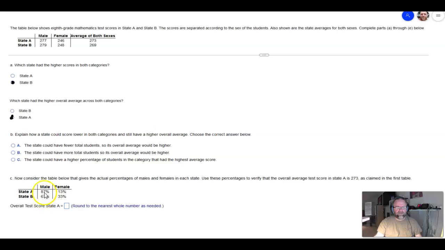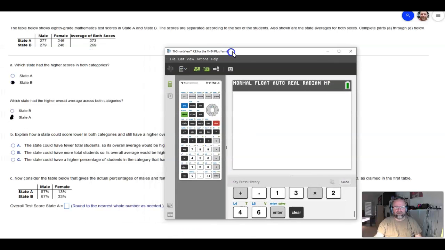Now they're going to give us a table here and say state A had 87% male and 13% female. That means for every 100 students, 87 are male and 13 are female. And they want us to see how they would have gotten that average score. What we can do is just take that percentage in decimal form, so that 87 is 0.87.